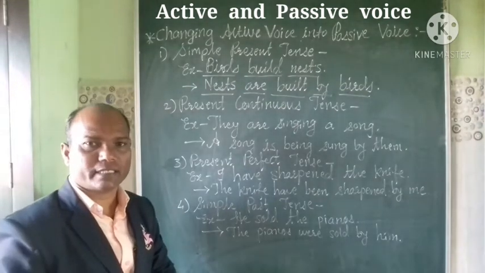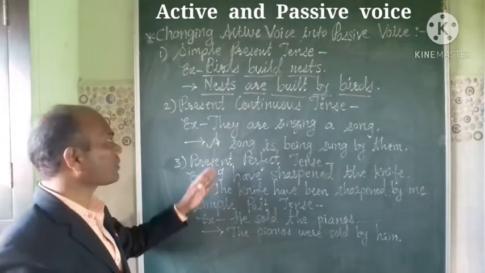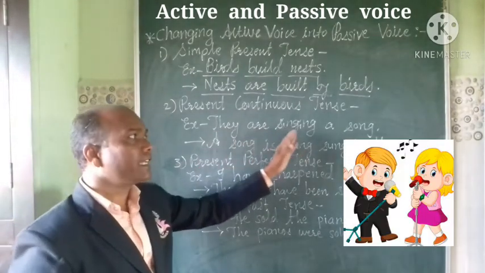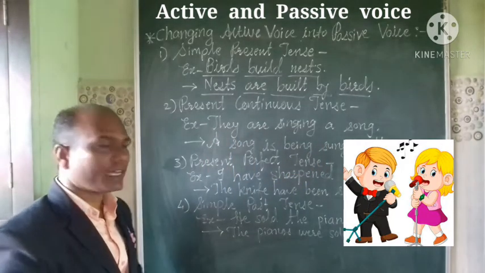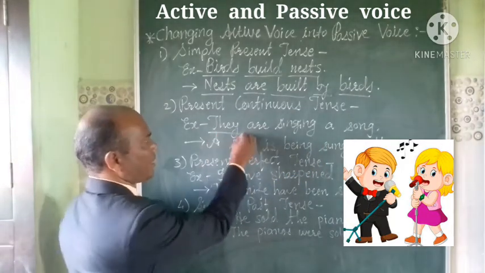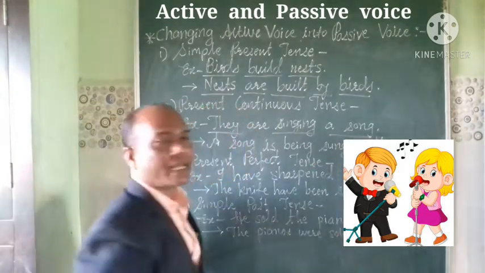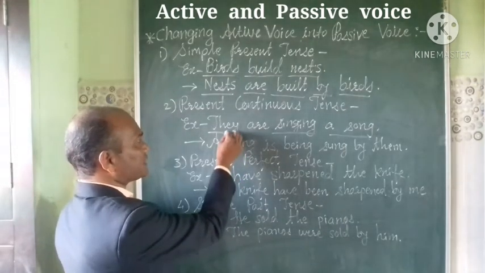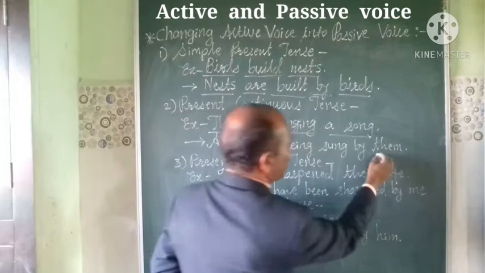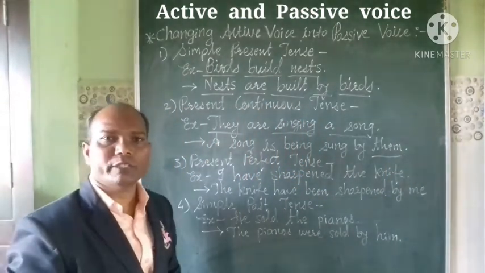Let's move on to the next tense, present continuous tense. Example, they are singing a song. Here, let us first find out the subject, then the verb and the object. The next step is to interchange the subject and object. This subject becomes the object here, and since it's a pronoun, that will change into the objective form.